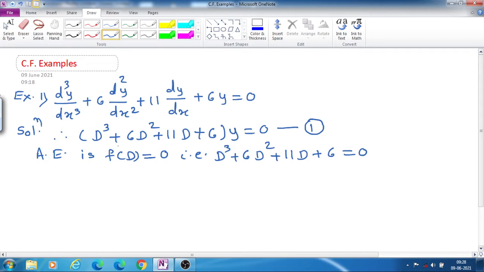So this is our auxiliary equation, and now we have to find the roots of this auxiliary equation.